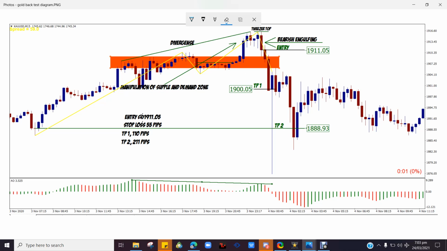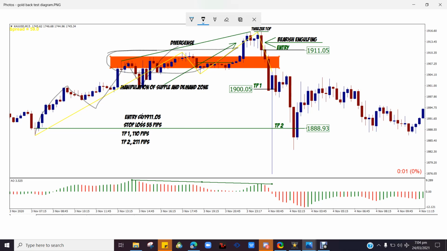Okay, so I'm going to start out. I noticed that price was moving up in an uptrend, and then price came and formed a little supply zone right there.